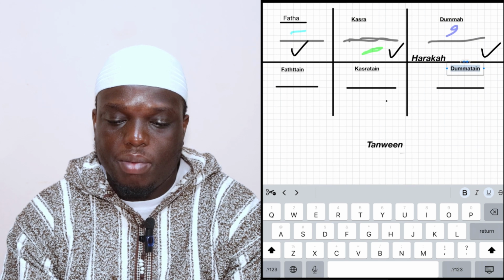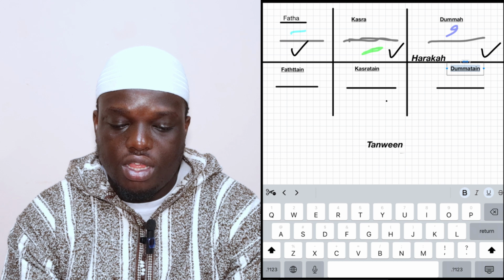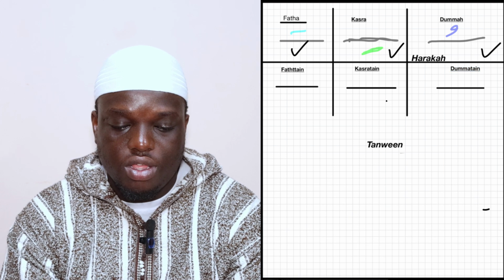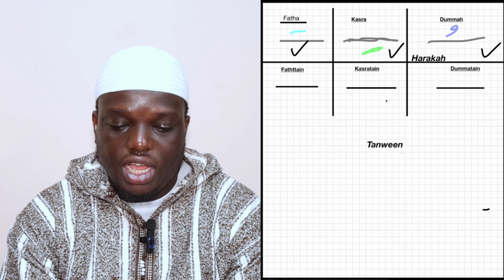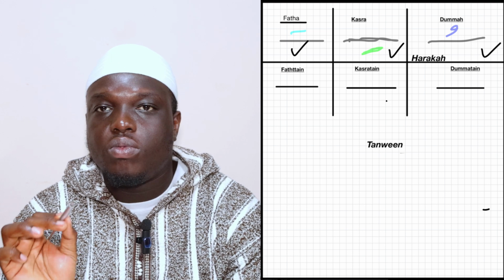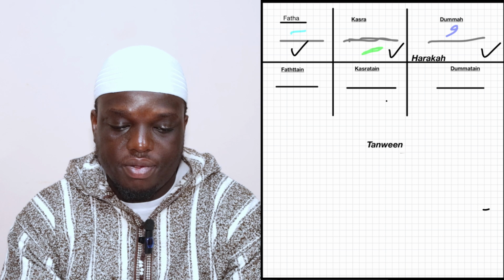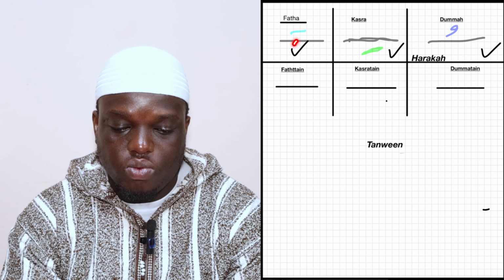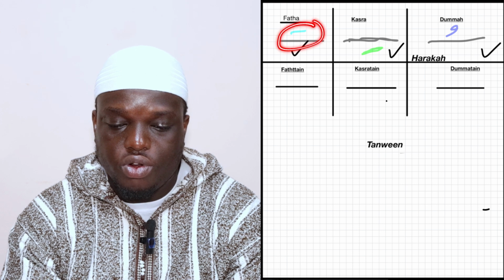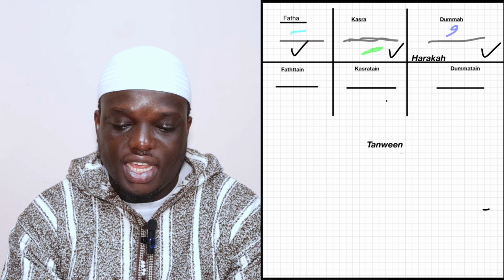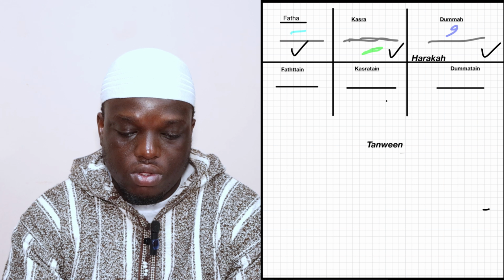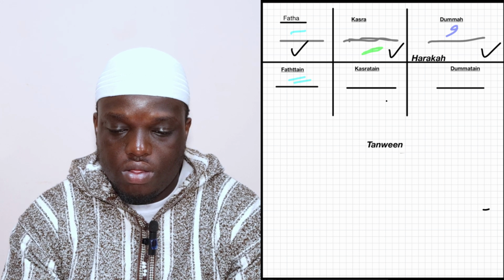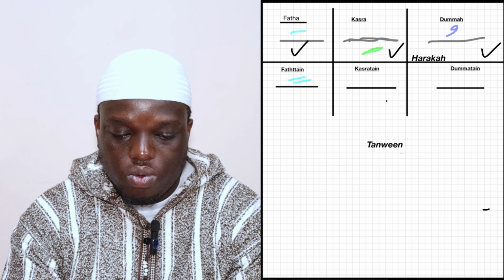Remember, the fathatain, the tanween, are just doubled. We know fatha is just one small line on top. Now fathatain will be two. Kasratain will be two.